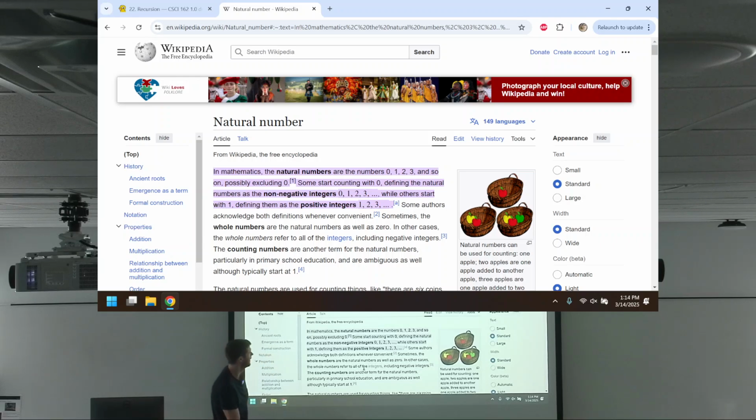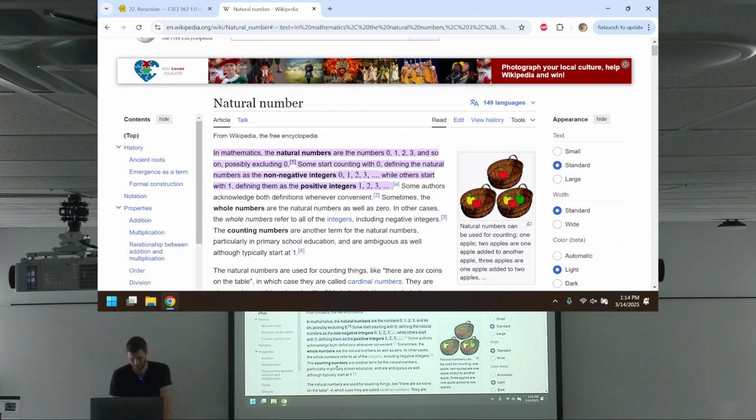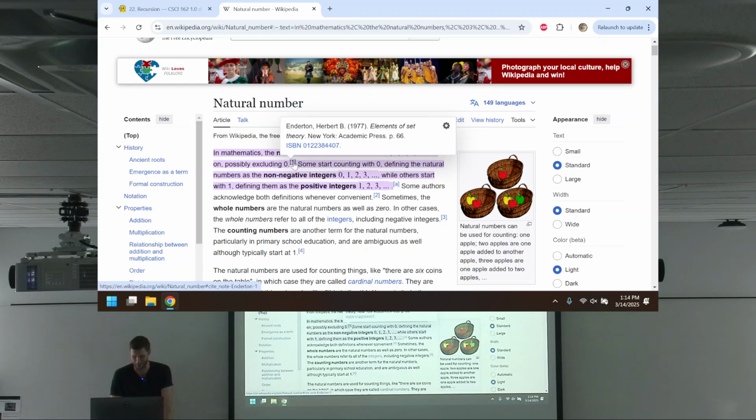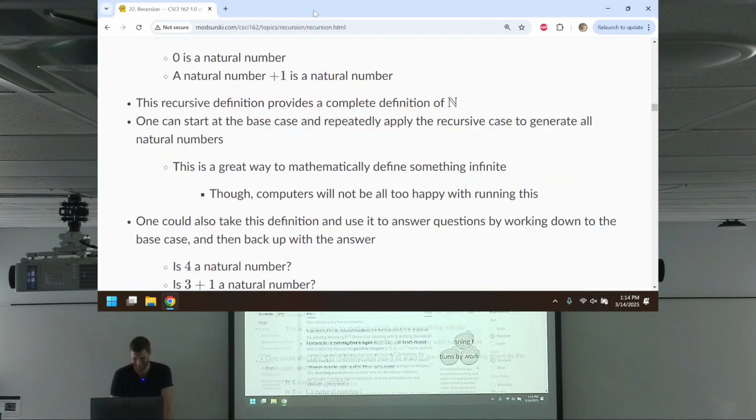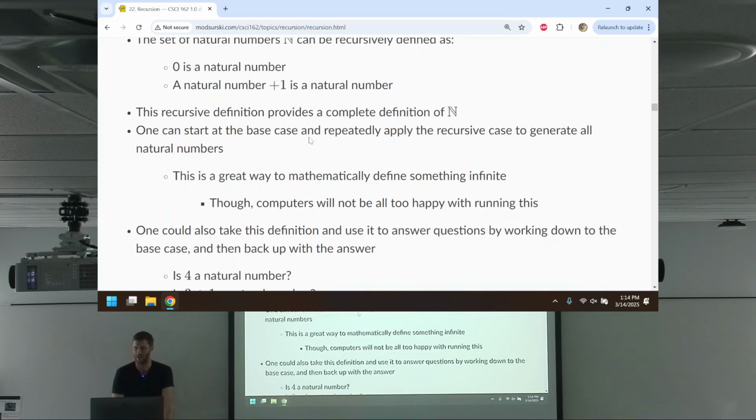I do say in there non-negative integers, but some authors note that, whatever the convention, sometimes the whole numbers are the natural numbers as well as 0. So the natural numbers are 0, 1, 2, 3, and so on, possibly excluding 0, according to some weirdos. Sheesh. Natural is 1. So, as defined by me and Wikipedia, and excluding those weirdos, 0. Britannica? But who trusts those weirdos, too?